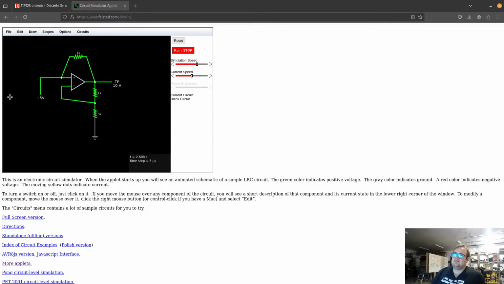Now this test point's not correct necessarily now, but we still need to see 5 volts here. So to see the 5 volts there, again, we need to have some amount of current going through here that causes us to have 5 volts over here.